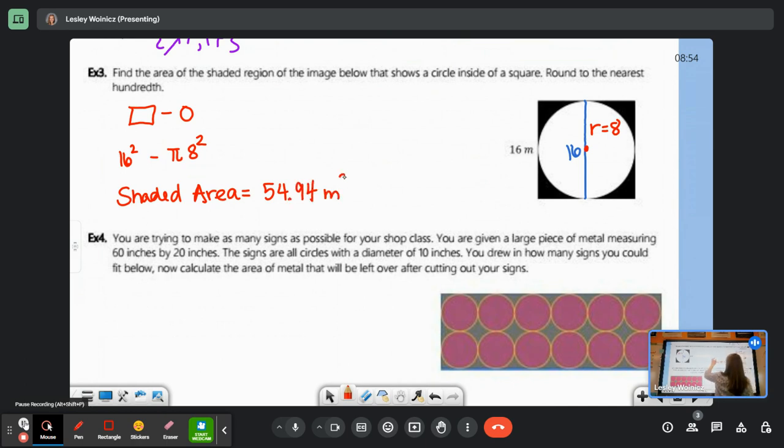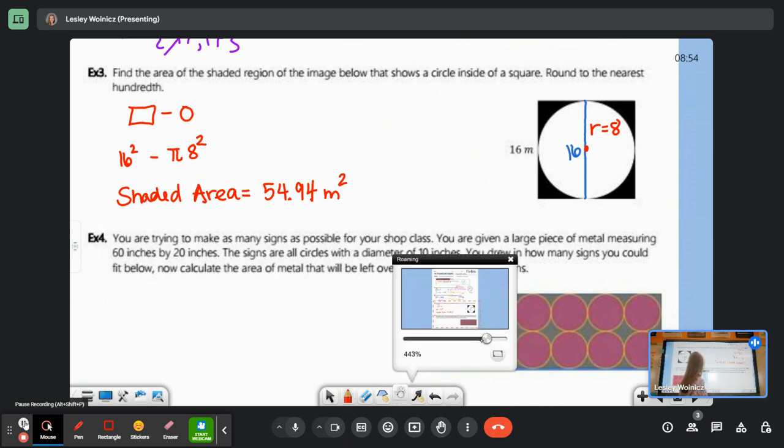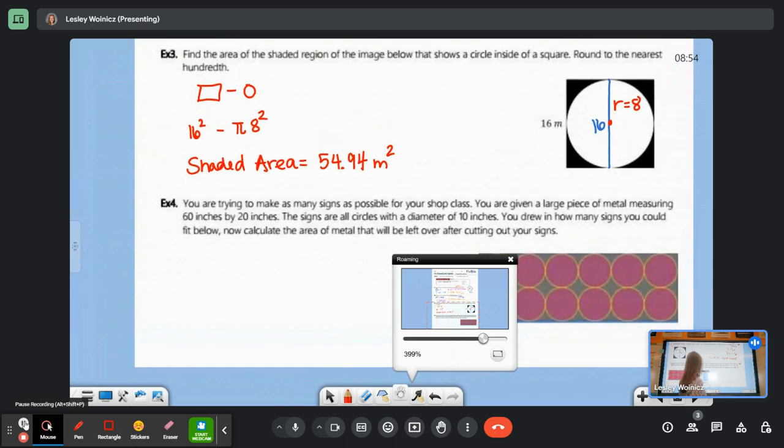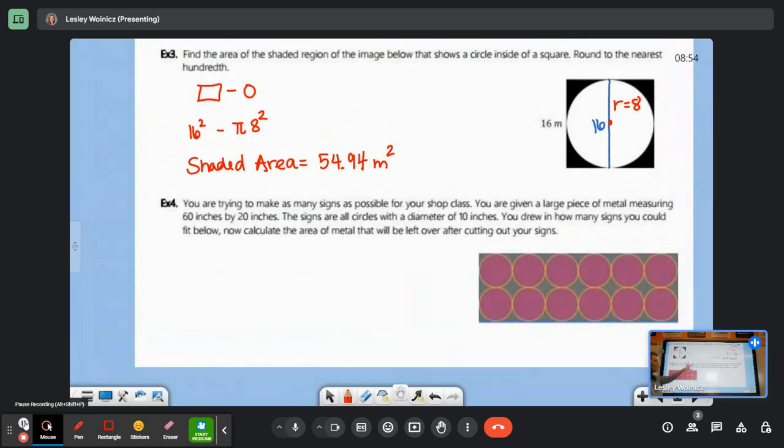Meters squared. Okay, now using that as an example, do you see that this problem is just that problem on steroids? I want you to try it. If this whole thing is 10, what's the diameter? 10. What is the radius? 5.